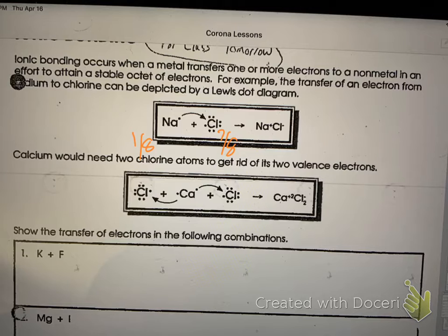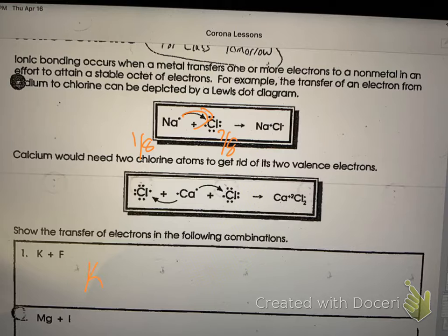So sodium's wanting to give away an electron, and chlorine wants to take an electron. So when that electron gets moved over, the sodium ends up being a positive charge and the chlorine ends up being a negative charge. Everybody's happy.